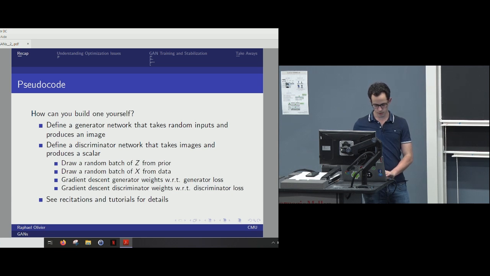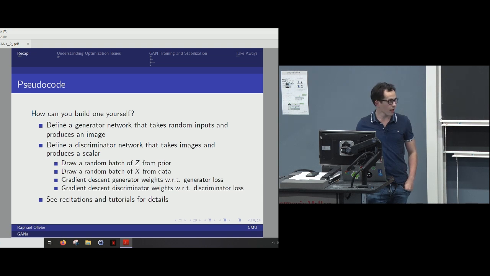And to train it, you take batches from the random prior z and batches from the real data, and you pass the z to the generator, generate stuff. The real data and this generated data are passed to the discriminator, and then you use gradient descent separately on the generator and the discriminator, although you could do it jointly if you want, but separately I think it works a little better. That's actually what we're going to focus on today.